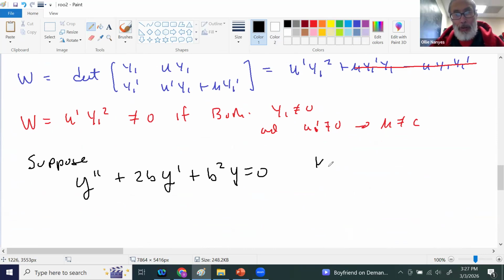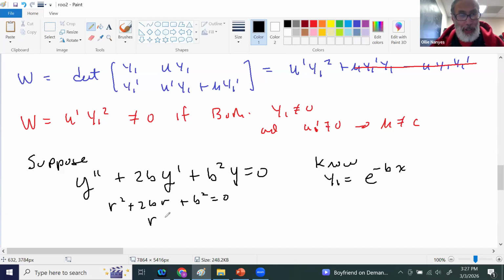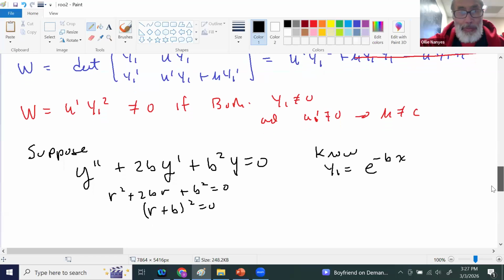And we know that y1 equals e to the minus bx is a solution. And you can tell by the auxiliary equation, this is r squared plus 2br plus b squared is 0. So this is really r plus b squared is 0. So this is our first solution. Let's find our second solution.